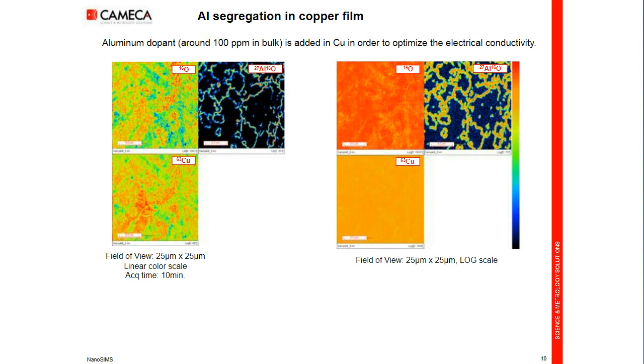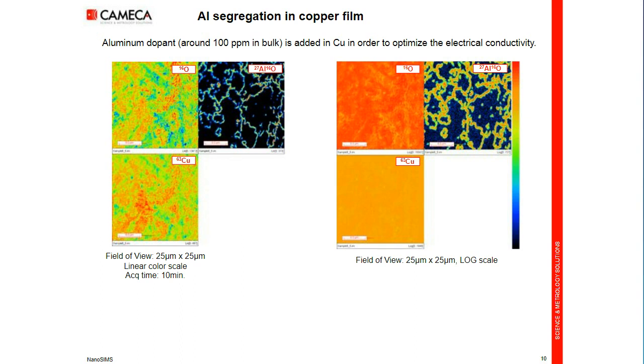Note that aluminum is here detected as AlO- because it was analyzed at this time with cesium. Today, it could be analyzed with O- and detected as Al+ with similar or better sensitivity.